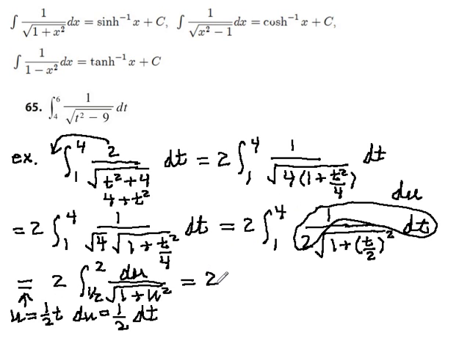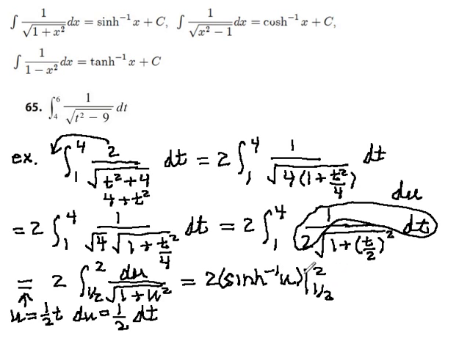So we got a 2 out in front. The antiderivative of 1 over root 1 plus u squared du, that's this antiderivative, is going to be inverse sinh, but it's u instead of x. So this is 2 inverse sinh of u, and that gets evaluated from 1/2 to 2.